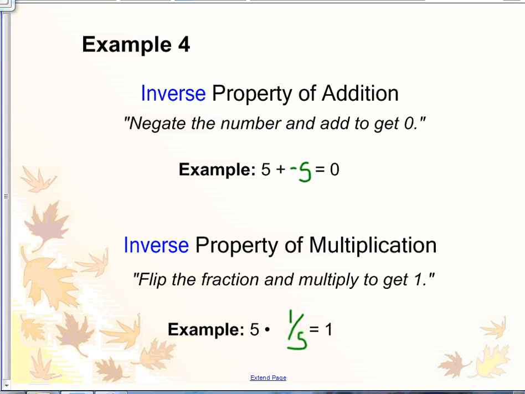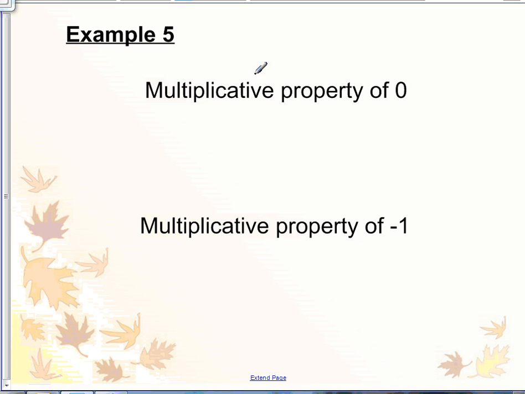Okay? All right. The last two properties we have before we go through and review these would be the multiplicative property of 0. The multiplicative property of 0 states that for every real number n, n times 0 equals 0. So we could do negative 35 times 0 is going to equal 0.